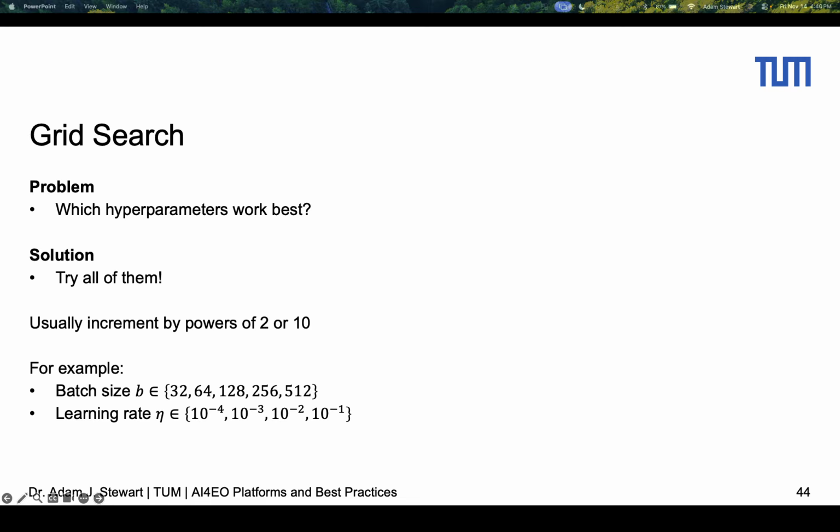For example, if I'm tuning batch size, maybe I just try a certain number and I double it. So powers of 2: 32, 64, 128. Maybe for learning rate, I expect a much larger range. So maybe I'll do powers of 10, all the way from 10 to the negative 4 up to 10 to the negative 1. These are all completely valid.